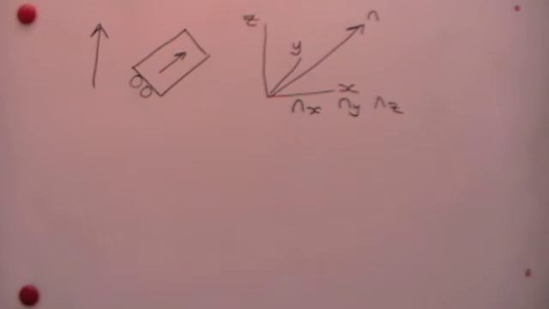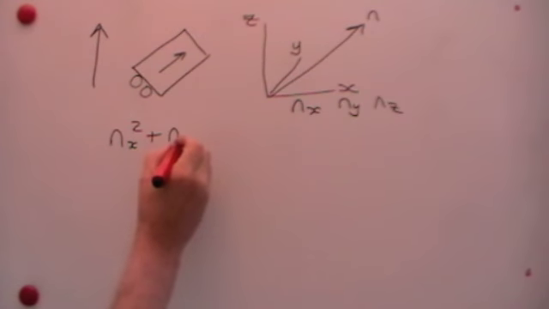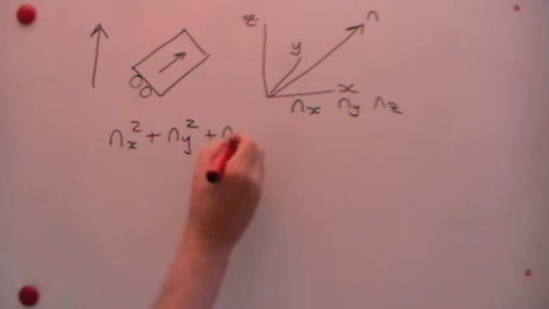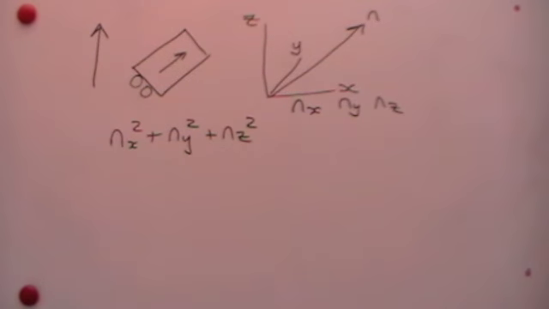If you drop perpendiculars to each of those axes, then you will get the nx component, the ny component, and the nz component. We know that the vectors are always of length 1, so by Pythagoras we can say that nx squared plus ny squared plus nz squared is 1.